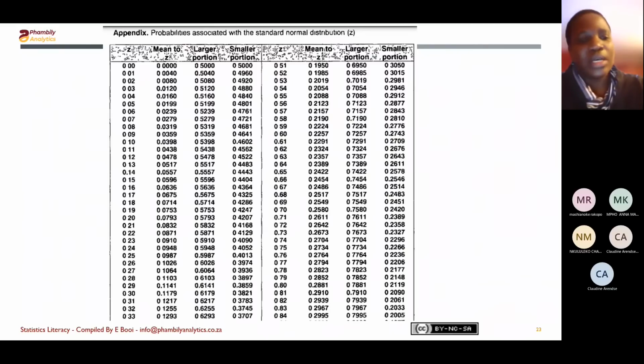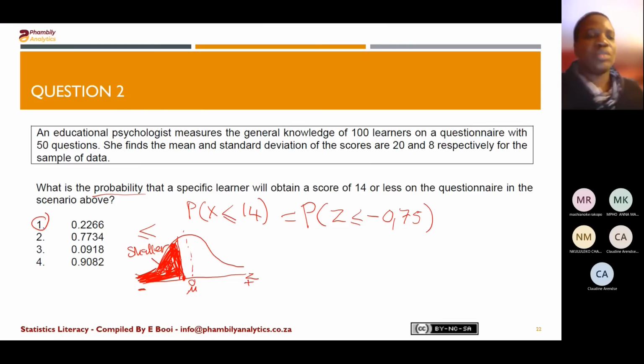So we go 0.75 and we go to the smaller portion where they both meet. And that will be the answer that you are looking for, which is 0.2266, which is option 1.